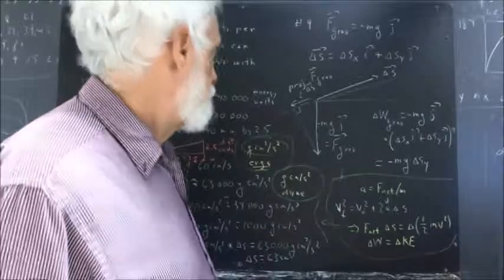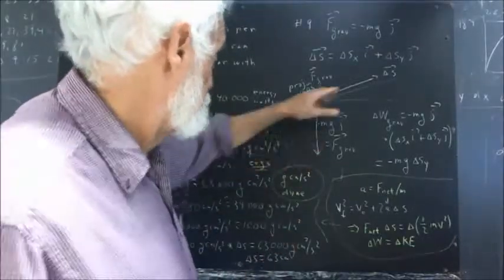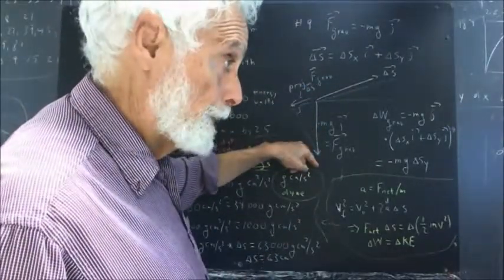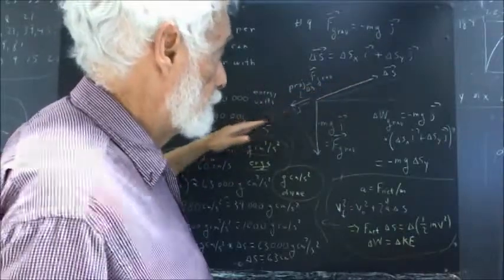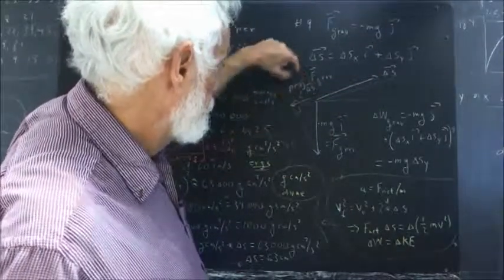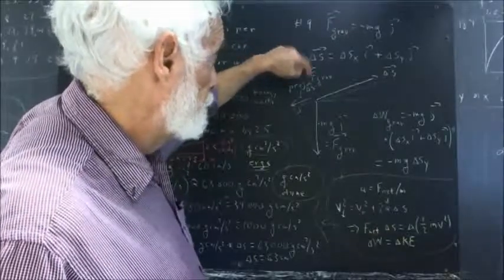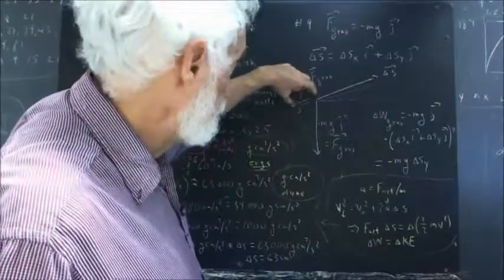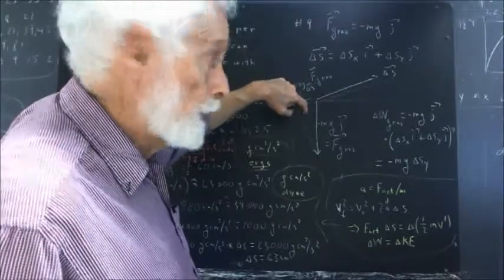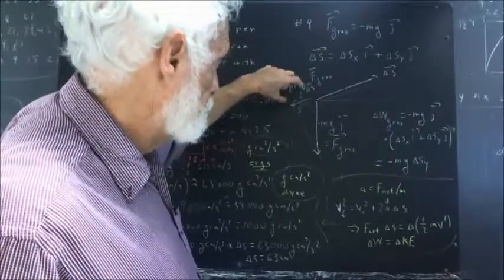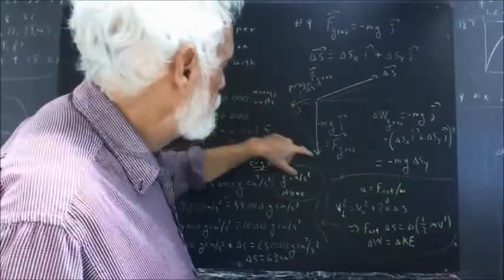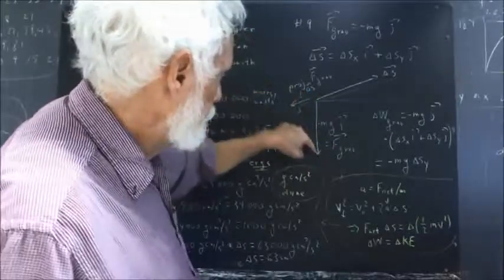Another connection is that we can project this gravitational force vector onto the direction of our delta S vector, and we get this projection vector here, the projection on delta S of the gravitational force. It's going to have a magnitude equal to this leg of this right triangle.